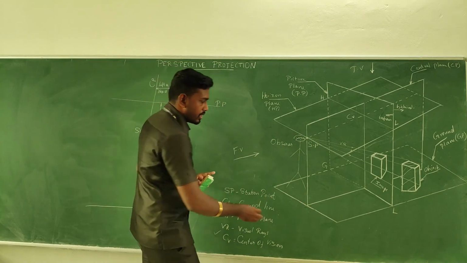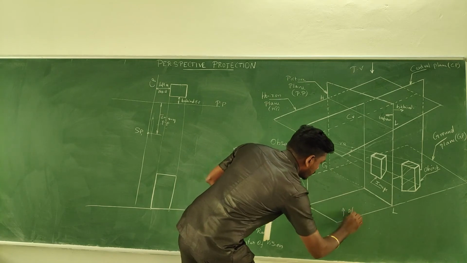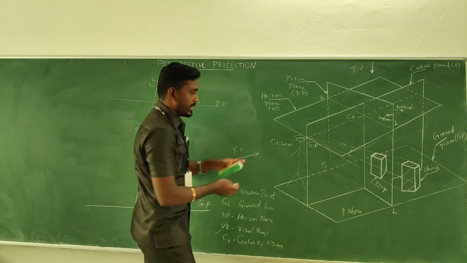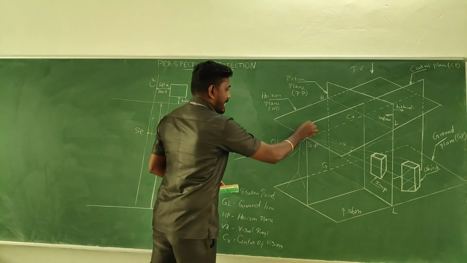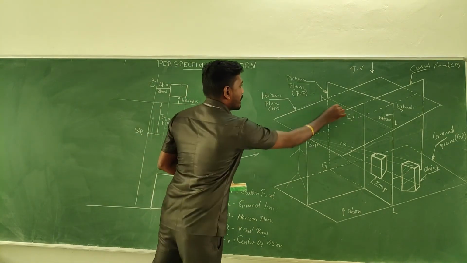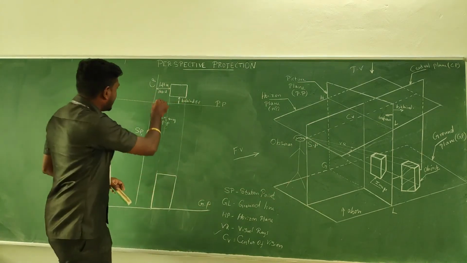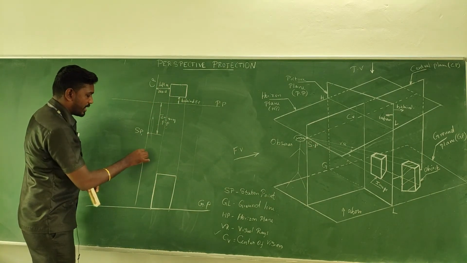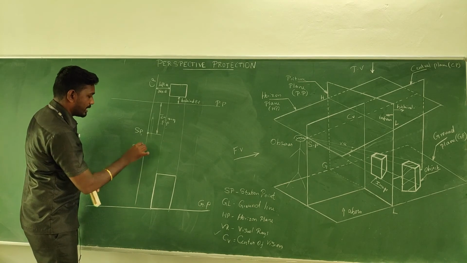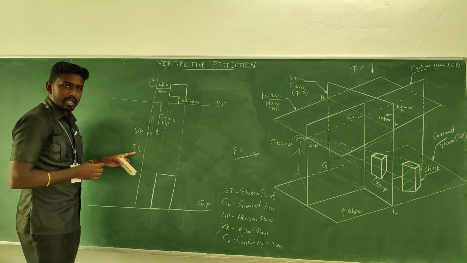Am I right? Above the ground plane, some distance ahead. So if you see, it is also on the center plane. So in the line of the center plane, some distance above, you can specify station point 2. That means for interpreting the front view.